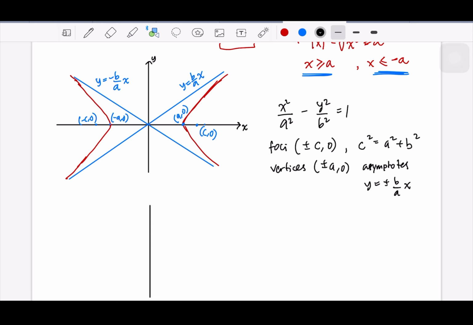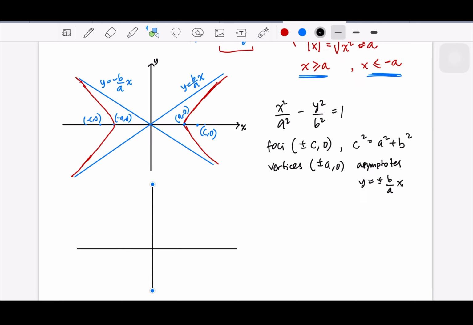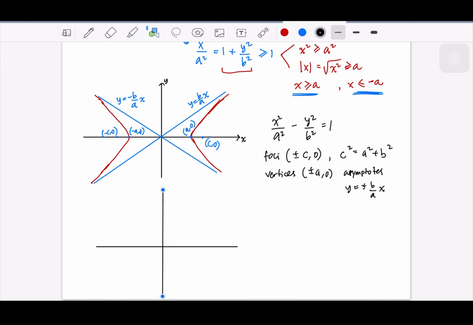Now the hyperbola can also be rotated, and it also has two branches. Or maybe let me draw the asymptote.